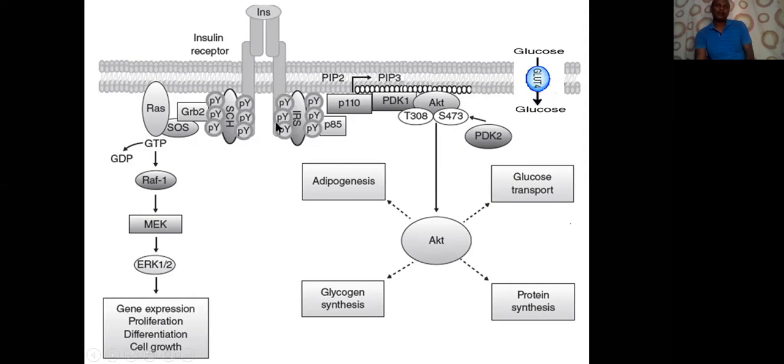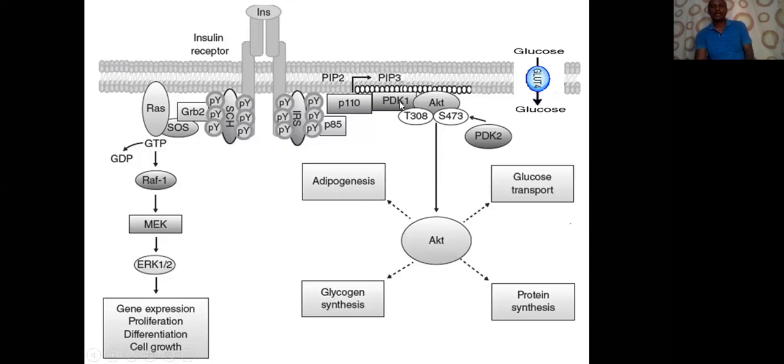insulin receptor autophosphorylation happens, once the insulin binds to the insulin receptor. So insulin binds to the insulin receptor, and this will be phosphorylated, and phosphorylation brings in the insulin receptor substrates, and this binding leads to conversion of biphosphate to triphosphate.